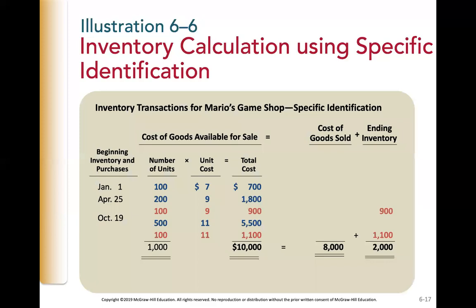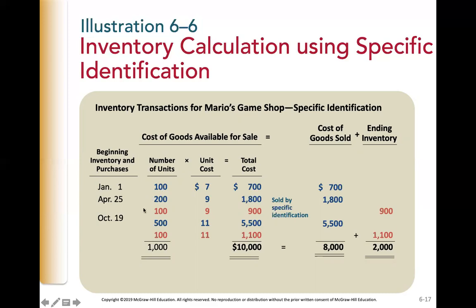So, looking at the breakout, we see that all the blue is the sold and all the red is what is in ending inventory. So you'll see that the blue, we specifically identified 100 that cost $7 for $700. That is our cost of goods sold because we sold those 100 units.